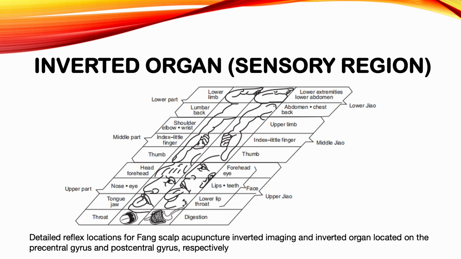The second portion is the middle 1/3 and is called the middle jaw, which includes the internal organs between the diaphragm and umbilicus, as well as the thumb, fingers, and the arm, in that order. The third portion is the upper one-third and is called the lower jaw, which includes the internal organs below the umbilicus, as well as the back, hip, and leg, in that order.